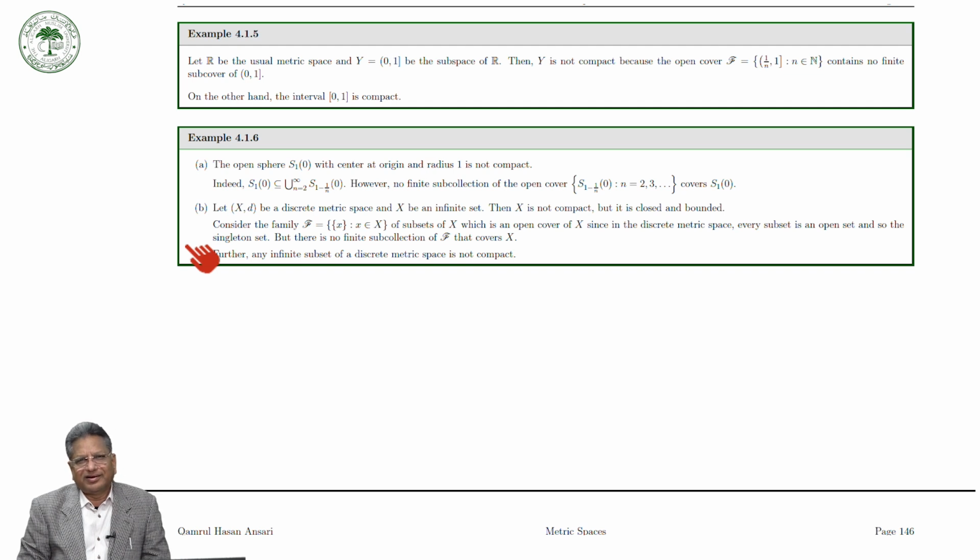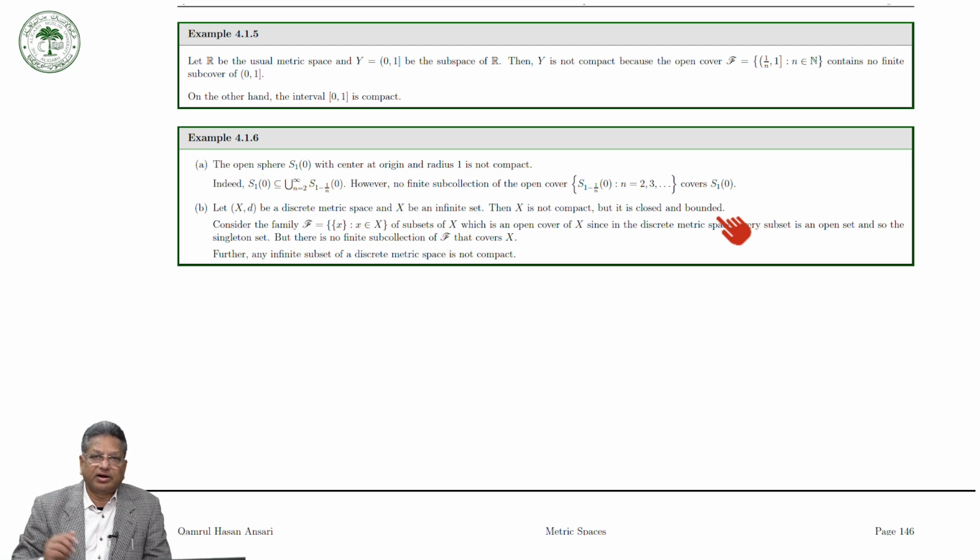In general, every finite set is compact. But if X is an infinite set and d is the discrete metric, then X is not compact, but it is closed and bounded. Keep in mind, it is closed and bounded.